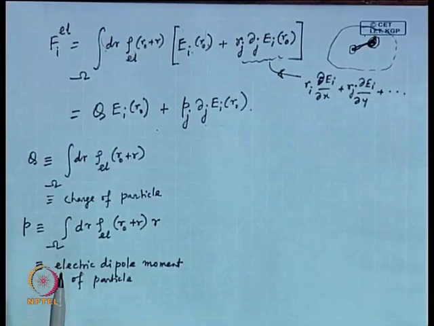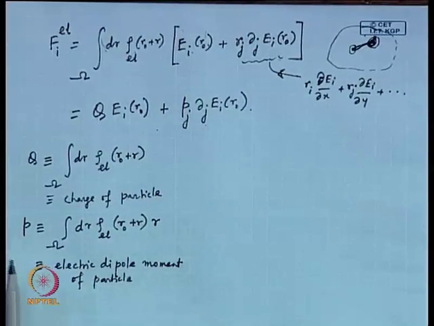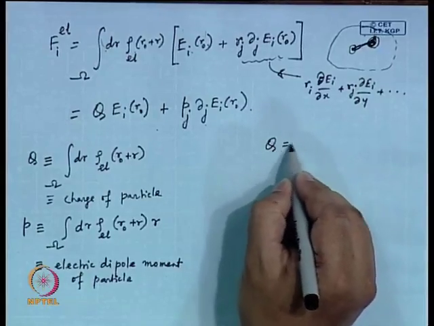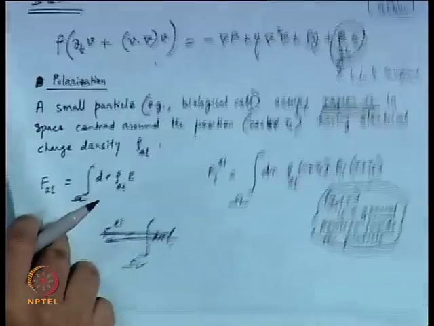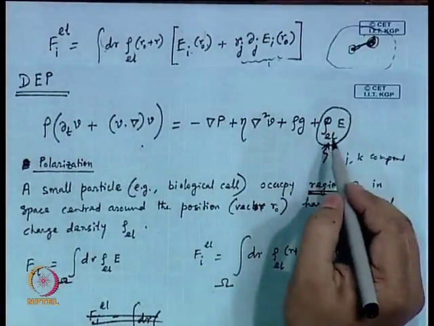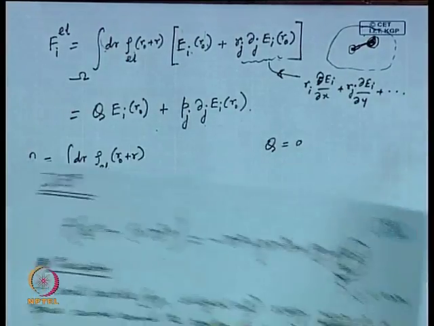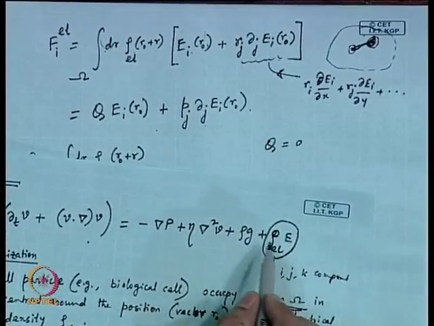We do not need to get into the definition of this now, we can get into it later, but one thing I want you to appreciate here is that if Q is equal to 0, if we look at the earlier equation, then this term is not there.